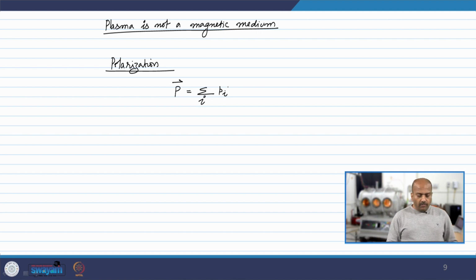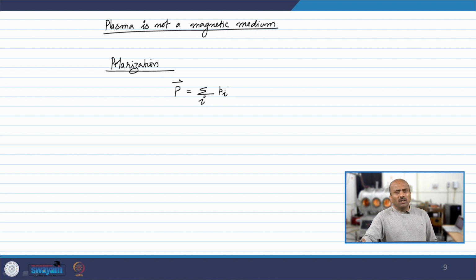So, when you have an externally applied electric field, these small electric dipoles will be created, and this will lead to a charge density which is called the bound charge density.